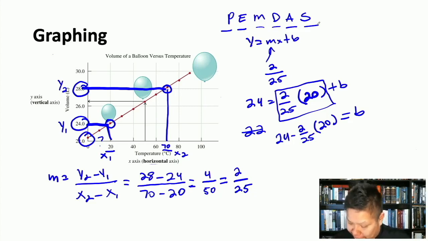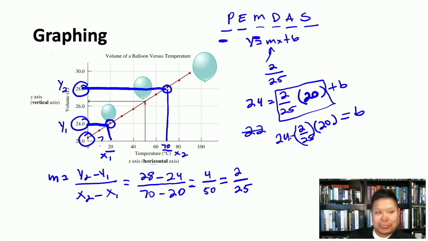In this case, for example, the first thing you would need to do is multiply 2/25ths times 20, and then subtract it from 24. You can sometimes do it out of order and get it right, but you can also do it out of order and get it wrong. Whereas if you always follow the order of operations, you will always get it right.